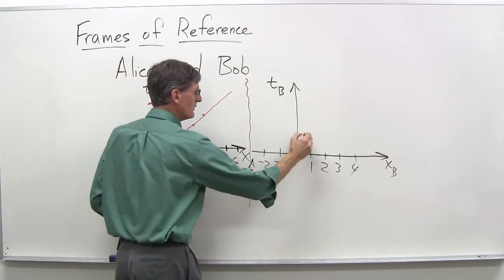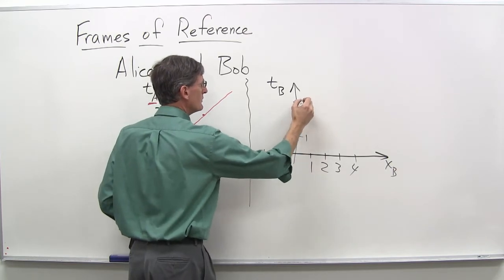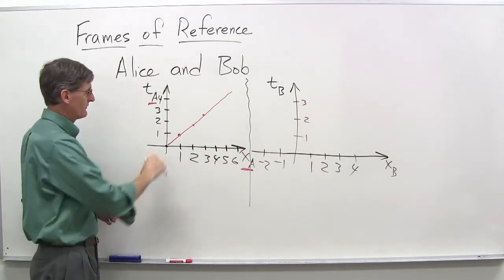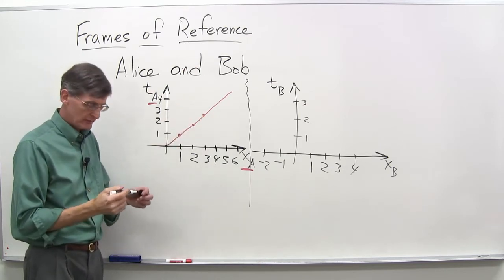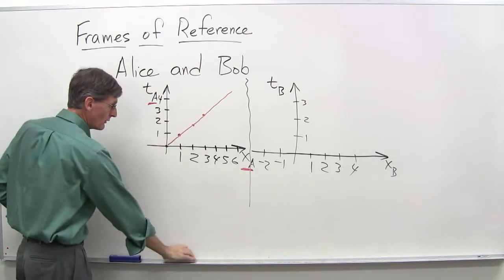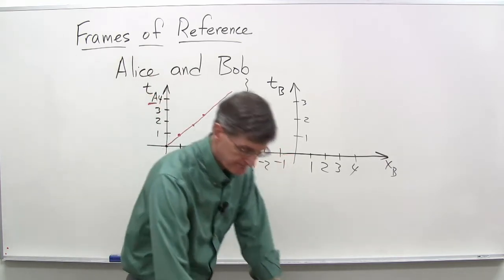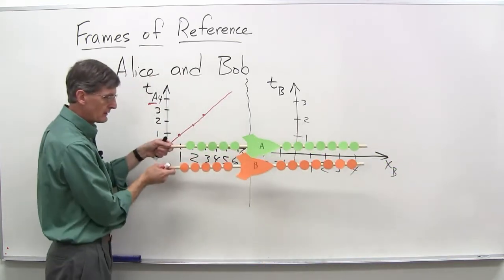And then the time again, 1, 2, 3, well, more or less. You see I've got different scales here, but we'll assume it's the same. Doesn't really matter for our point here, because plotting Bob's perspective.